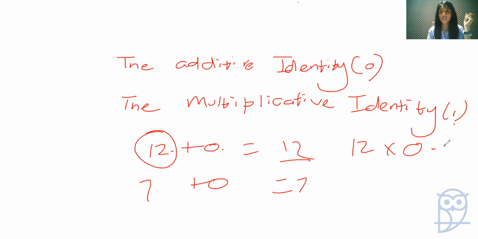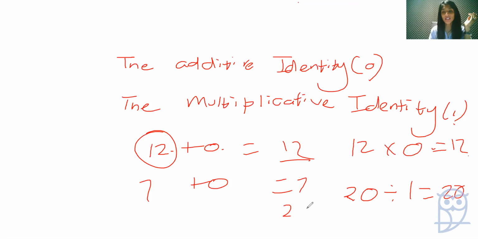Okay, so what happens when we divide? If I say 20 divided by 1, 20 divided by 1 is 20.